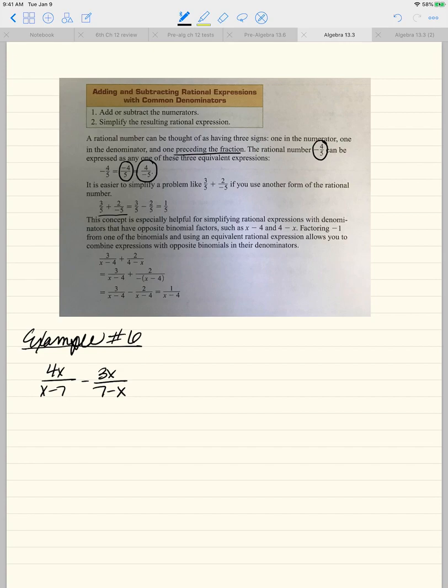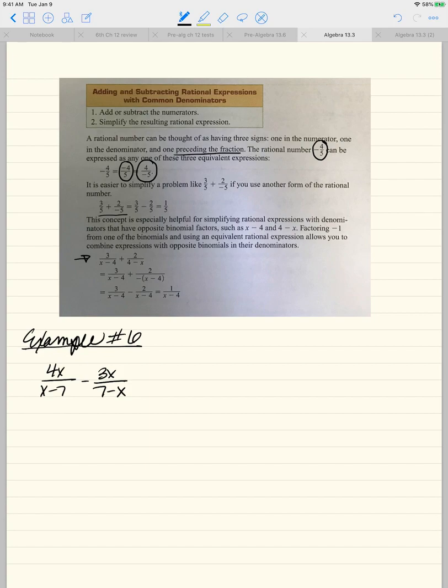And we started looking at some of this both in 13.1 and 13.2. Factoring -1 from one of the binomials and using an equivalent rational expression allows you to combine expressions with opposite binomials in their denominator. So right here we have 3 over x minus 4 plus 2 over 4 minus x. There's opposite binomial factors happening here.